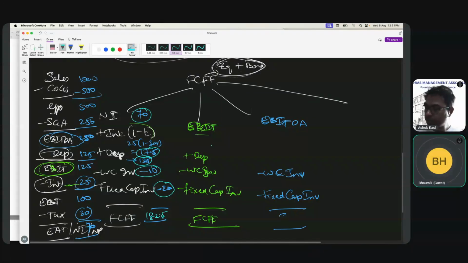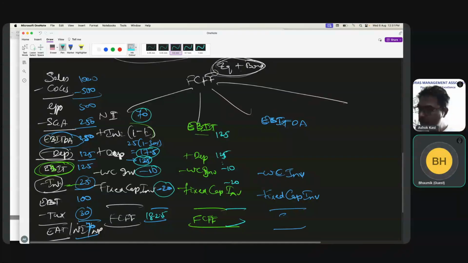Now let me check this way also. EBIT is 125, depreciation is 125, working capital is minus 10, minus 20. Check if it is coming to 182.5. 125 plus 125 minus 10 minus 20. No, it's 220. Not matching.